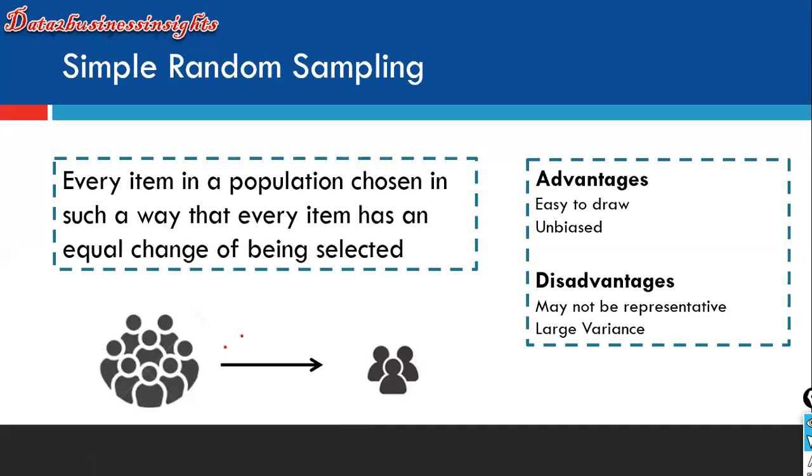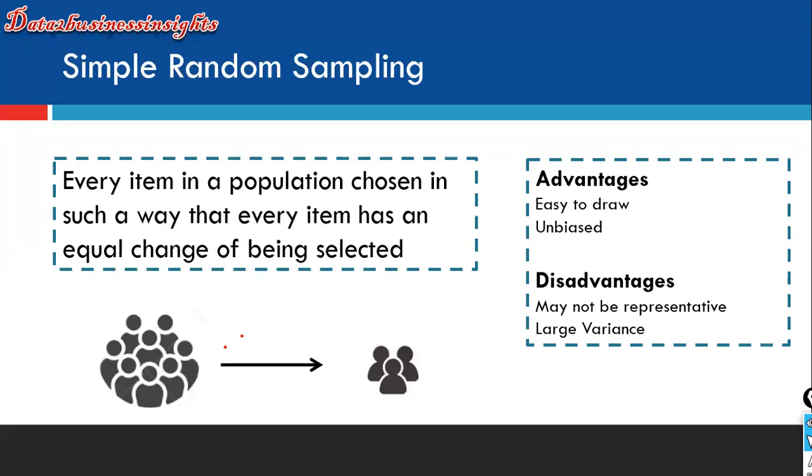It is not covering all three types of segments, high, medium, low income group people. Because you are closing your eyes and calling people, there could be chances you might not be in a position to call the low income group people. You just think that way, okay?